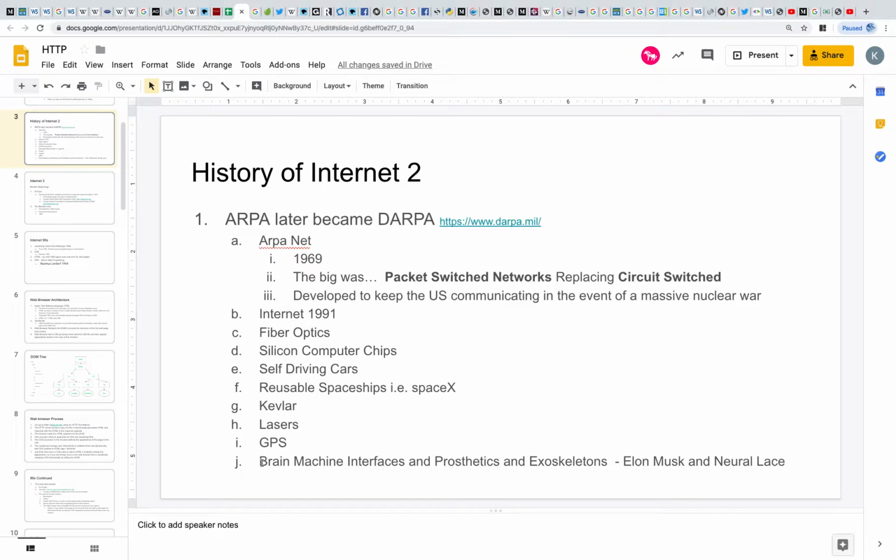They have two tracks right now. They have limb regrowth, through stem cells, trying to literally regrow the limb. And then they also have replacing it with a mechanical limb, a perfect copy of a hand.